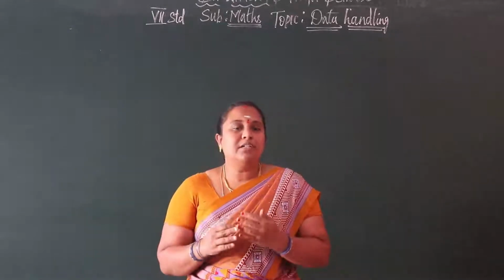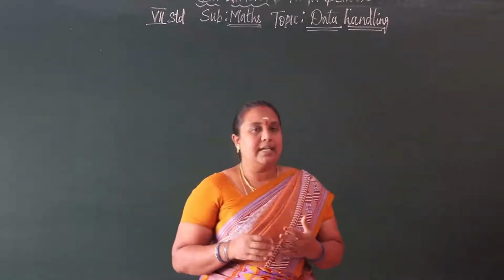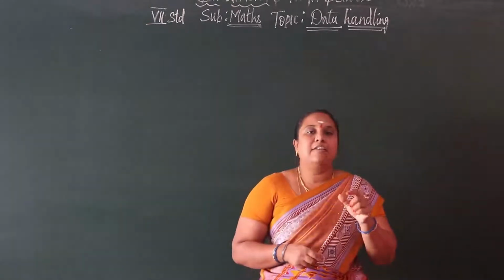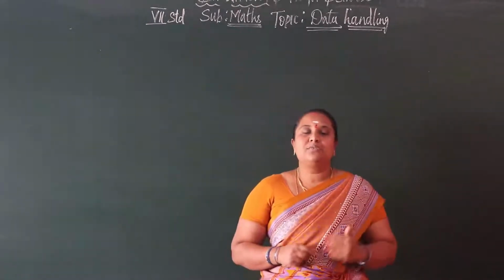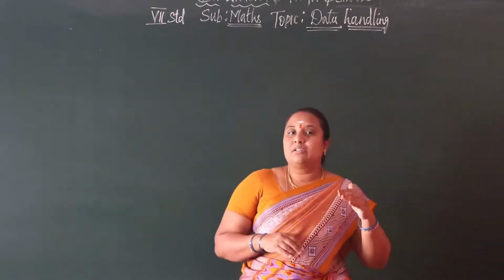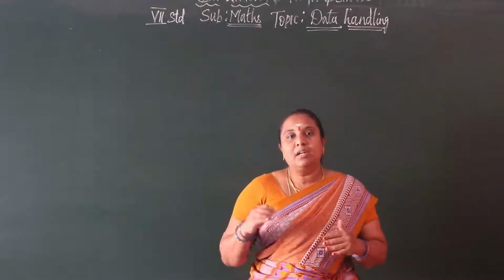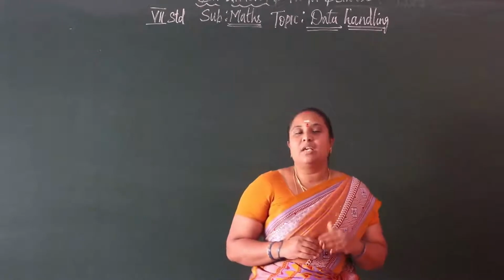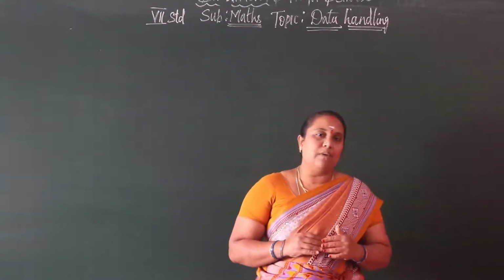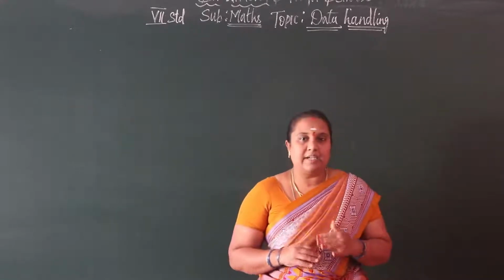So how to find out the range of the given data? The difference between the highest value and the lowest value. So range equals highest value minus lowest value of the given data.